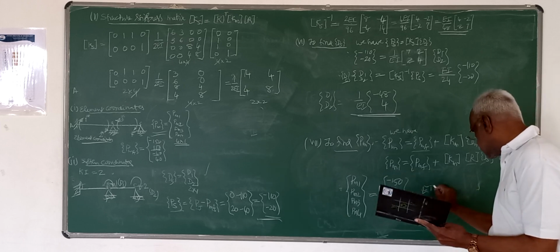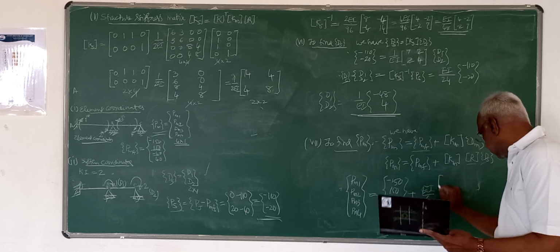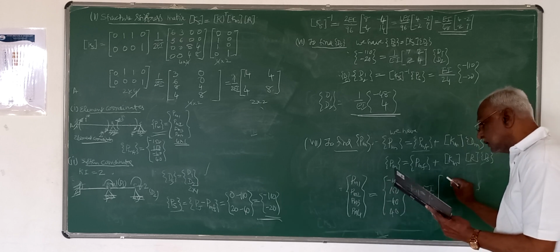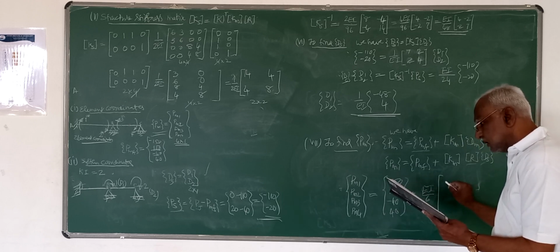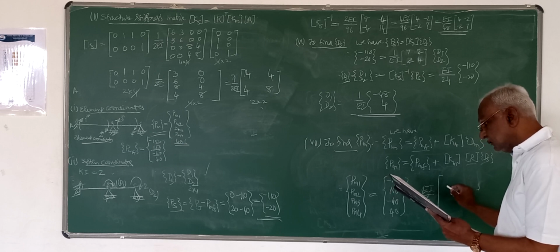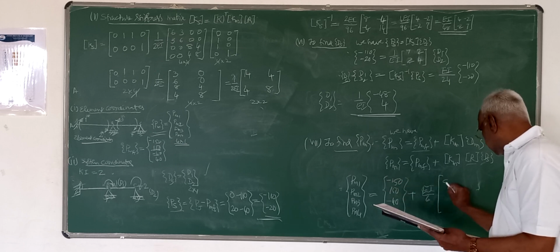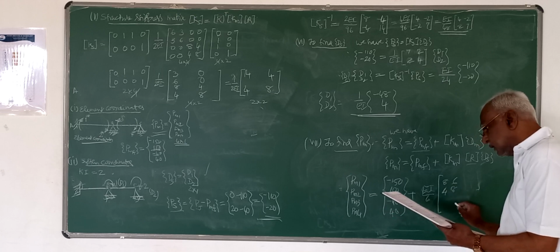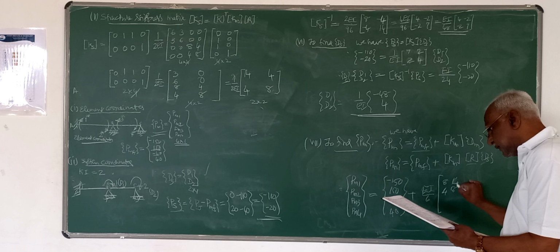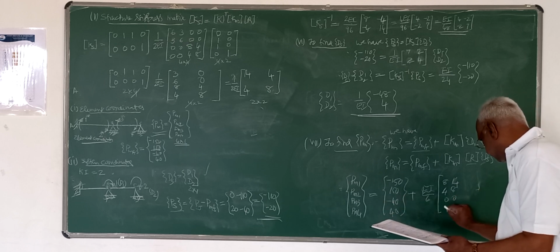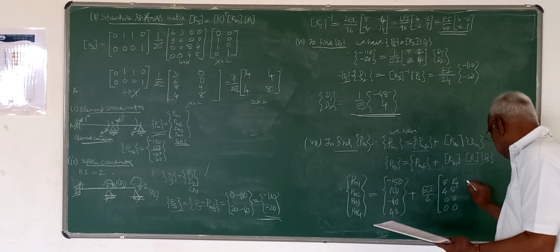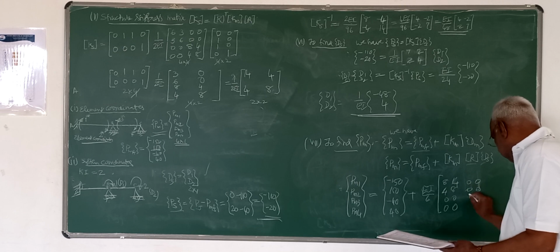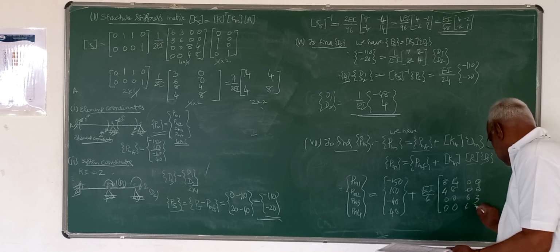Km is nothing but the simple stiffness matrix, EI by 6 into this: 8, 4, 8, and 8, 4, 4, 8, 0, 0, then 0, 0, 0, 0, 6, 3, 6, 3.